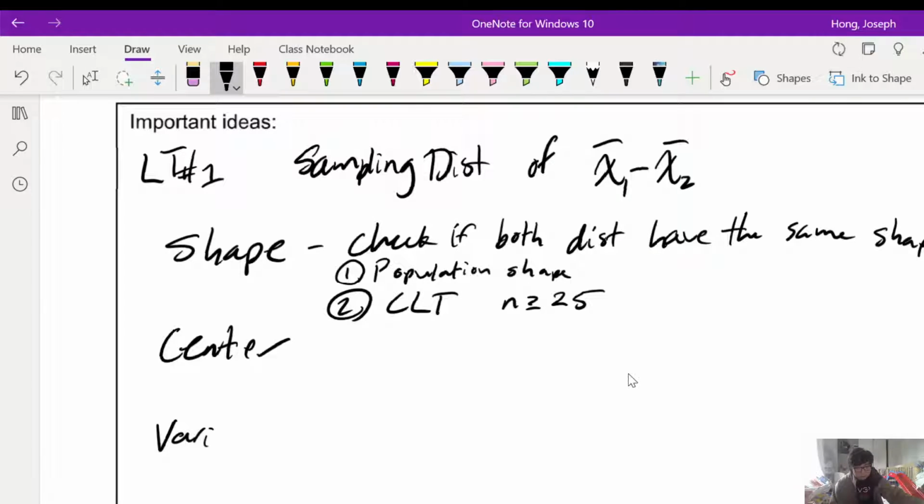The center, we just did the population average. So x bar 1 minus x bar 2, and this ended up becoming really just mu 1 subtracted by mu 2.